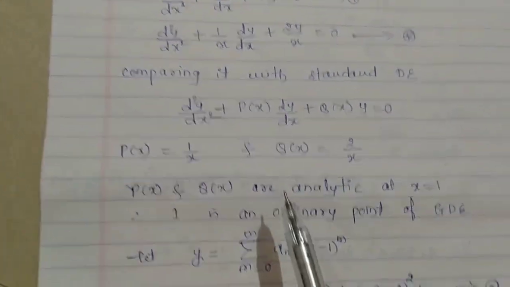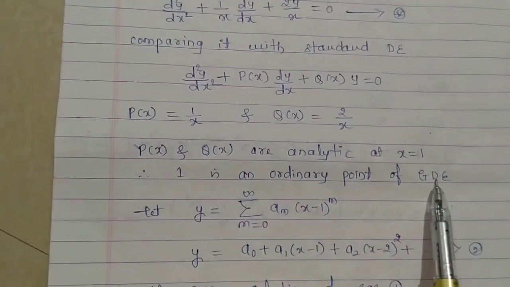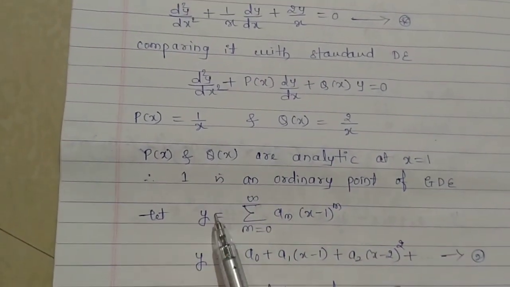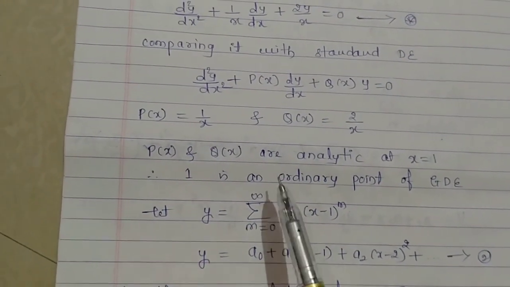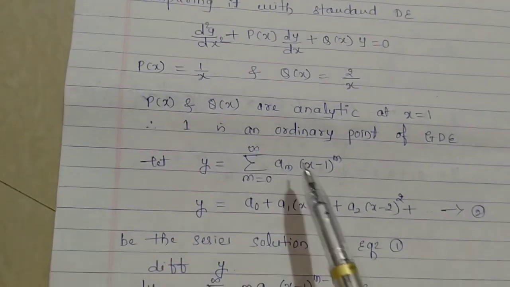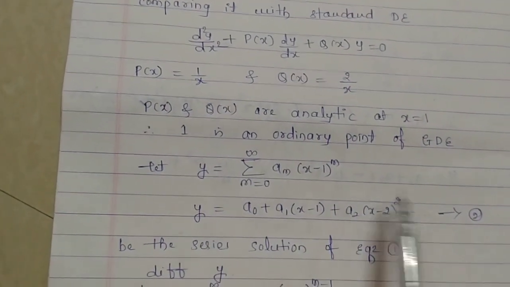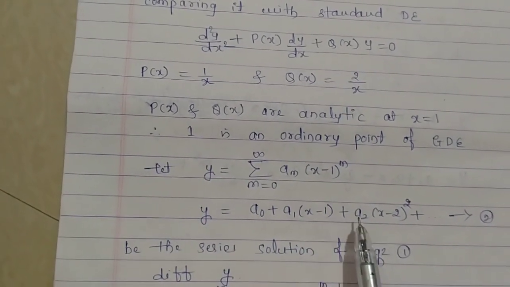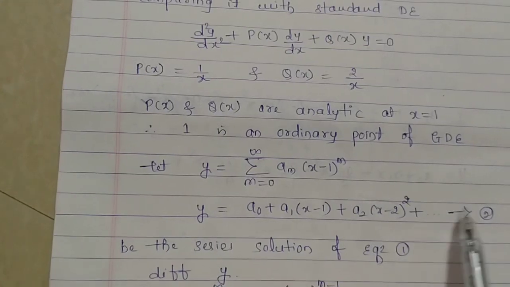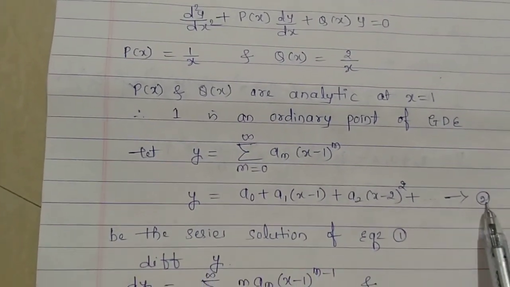So I can say that 1 is an ordinary point of the given differential equation, and we have already assumed that our solution should be summation m is equal to 0 to infinity am x minus 1 to the power m, that can be expanded like y is equal to a naught plus a1 into x minus 1 plus a2 into x minus 1 whole square, and the other higher terms. I will call it equation number 2.